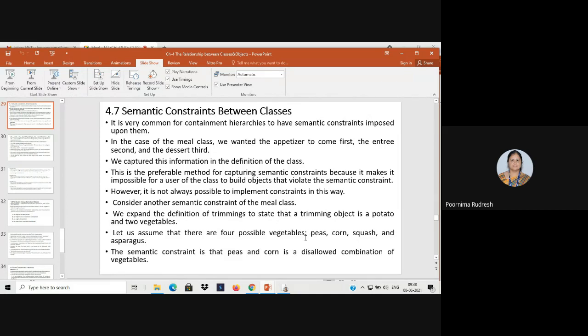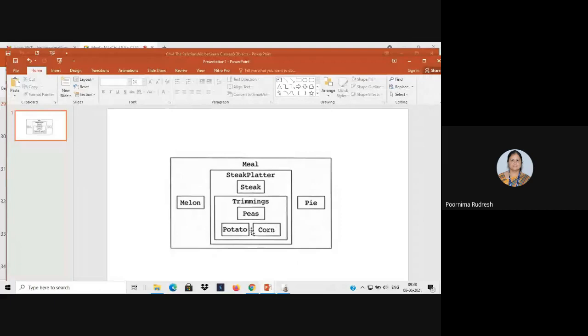For example, if you want the four vegetables like peas, corn, squash, and asparagus, instead of peas, potato, and corn, see here the trimming class consisting of peas, potato, and corn objects. So this is the previous one. Here this is an example of a deep and narrow containment hierarchy, right? So here we have the trimming class consisting of peas, potato, and corn.